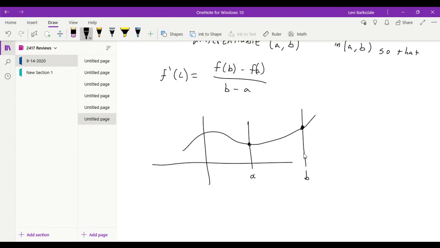Then there's a point on this interval where our derivative, or our tangent line, is equal to this average slope between these two points. Between any two points a and b, we can draw our average slope, and all the mean value theorem says is that there has to be some point in between a and b where a tangent line is parallel to this line between them.